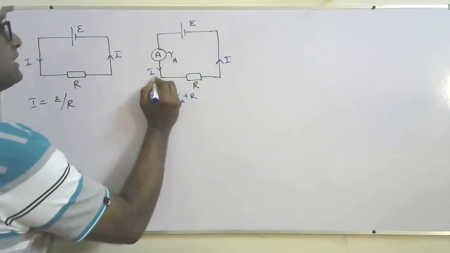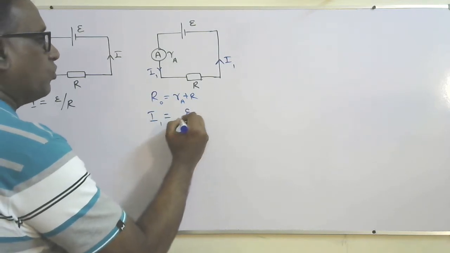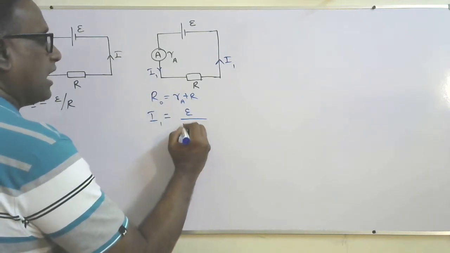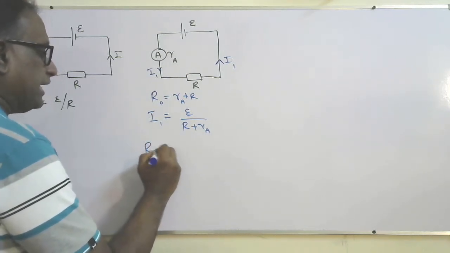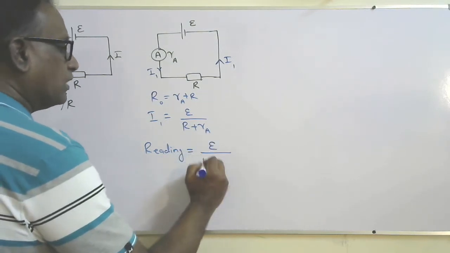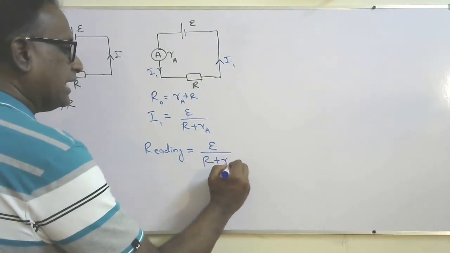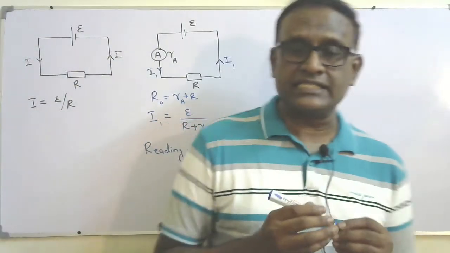It's going to change, now I1. So I1 will be equal to EMF over the total resistance, that is R plus RA. So the reading of the ammeter will be EMF over R plus RA, which is lower than the actual current flow in the circuit.